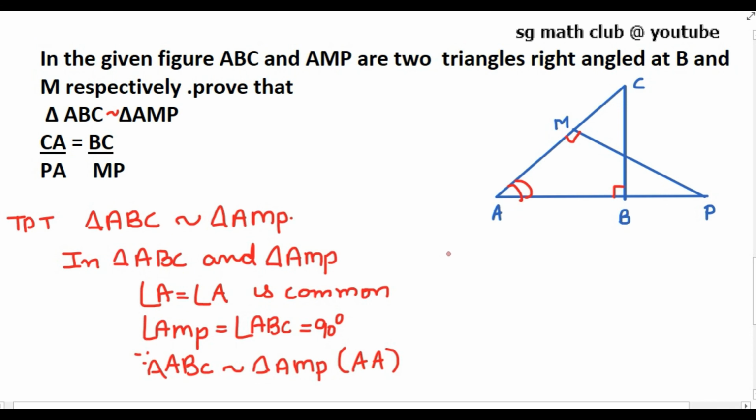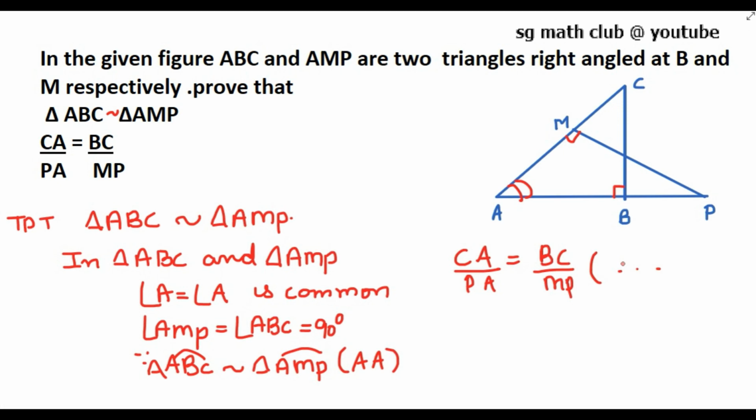Therefore, I can write that if two triangles are similar, CA divided by PA is equal to BC divided by MP, because corresponding sides of similar triangles are proportional.